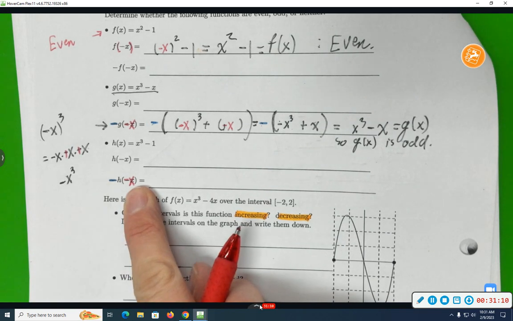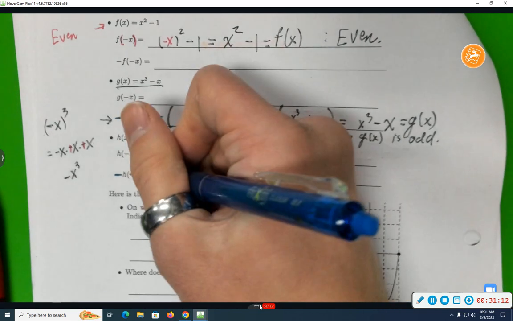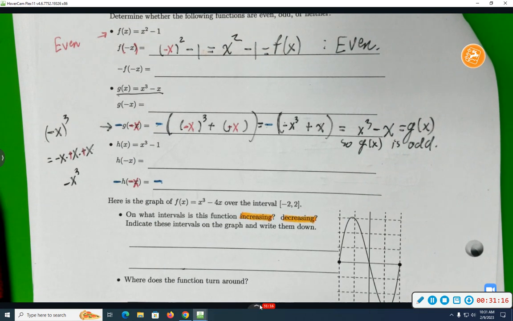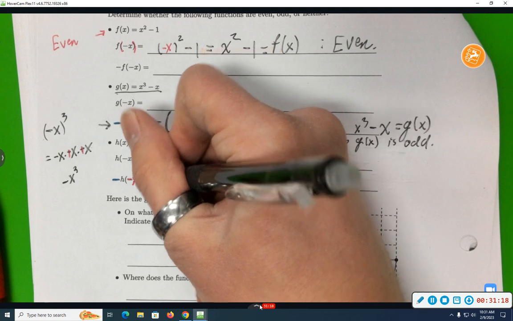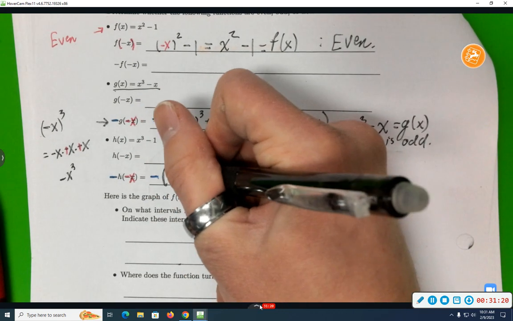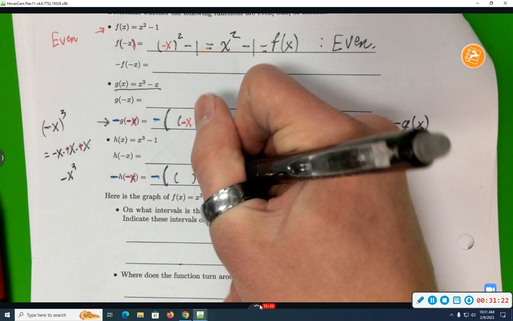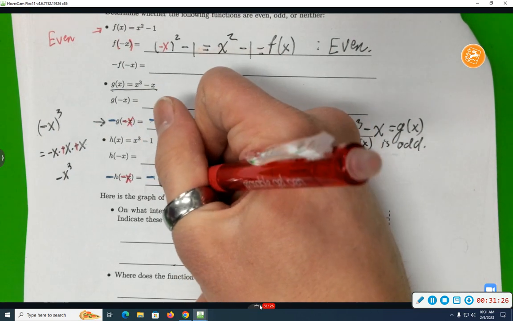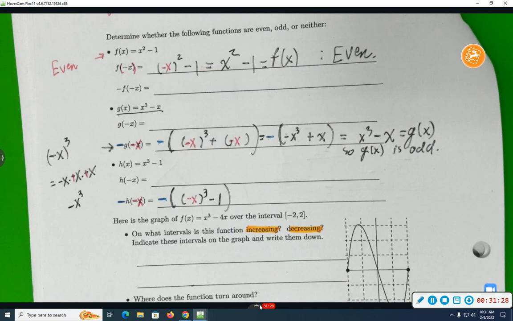Negative h of negative x. So, this negative will come along for the ride. Next, I want the formula for h of x, which is stuff cubed minus 1, where the stuff is negative x. Let's use some parentheses.